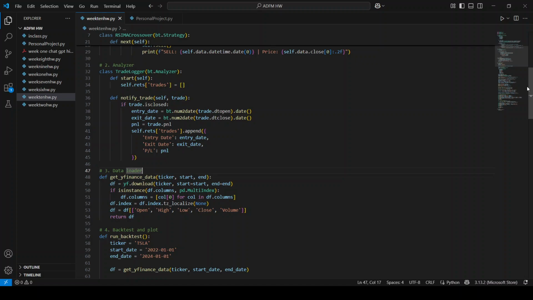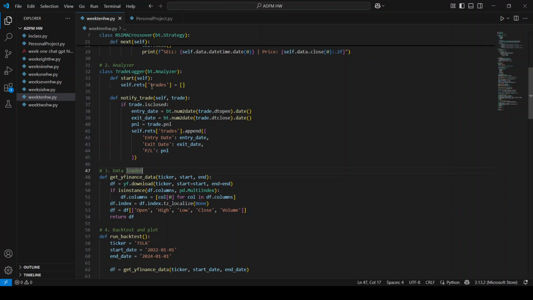So our second step is the analyzer. Line 32 here, we're tracking trades with our analyzer. And line 34, the trades. This is a tool that remembers each trade that we go through.